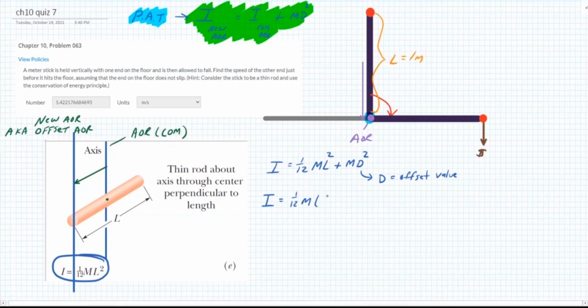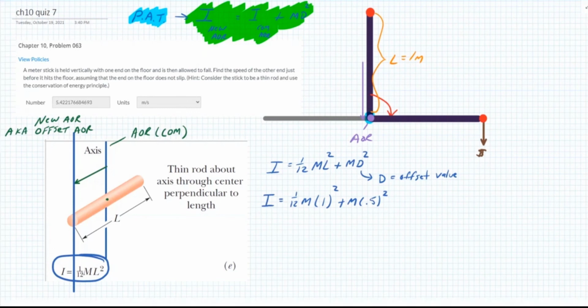How great is that? So this is going to be 1 meter, 1/12 ml squared plus m times d squared. Not right. D is the offset distance. D is 0.5 meters squared. Okay, so let me be careful on that.